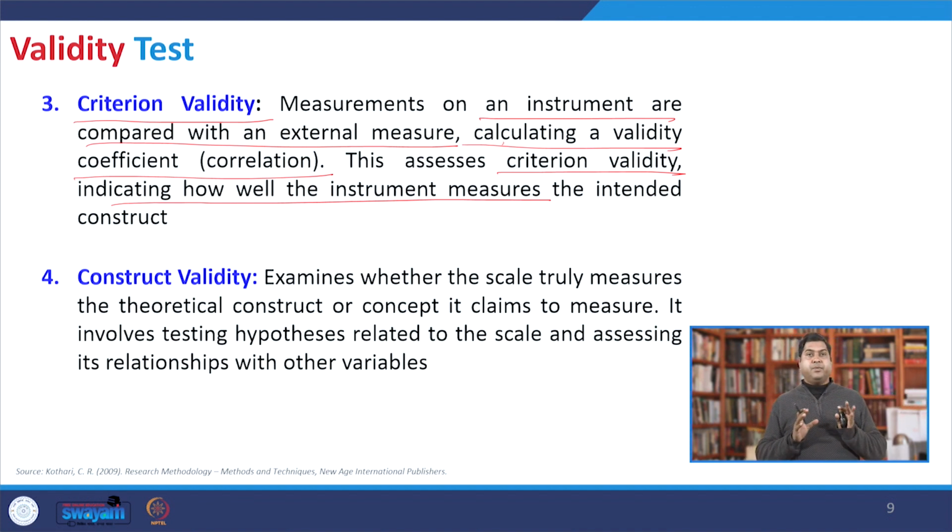For example, there are some values which are already prescribed, and you use a certain instrument to measure the same phenomenon. The output should match the established one, so that you can calibrate and say that under these circumstances the values this instrument is giving are valid, because established findings say that under these circumstances this should be the expected value.